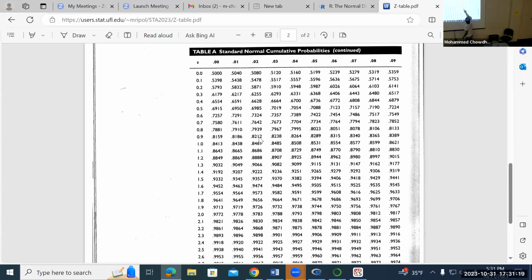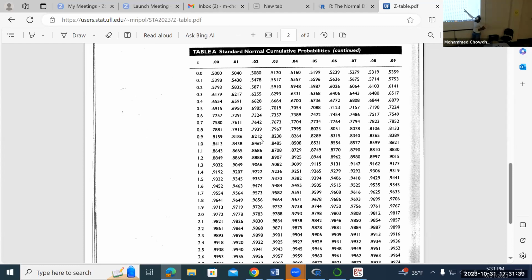This is the closest to 90%, because if you add 0.0003 here, then it will be 90%.